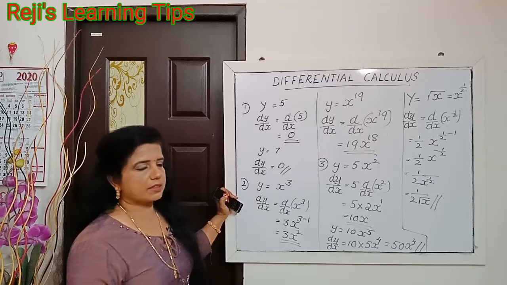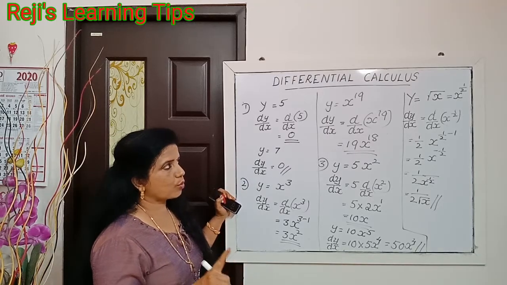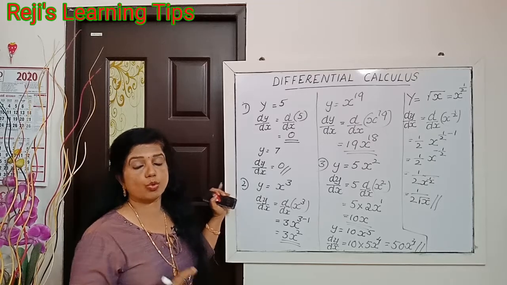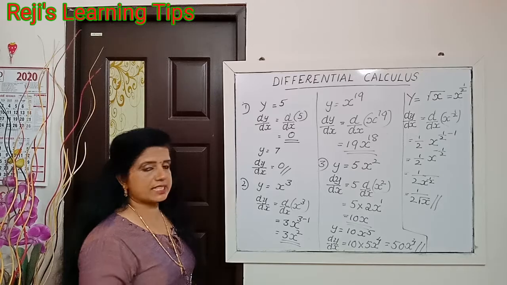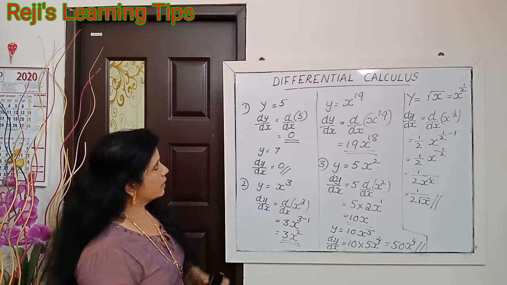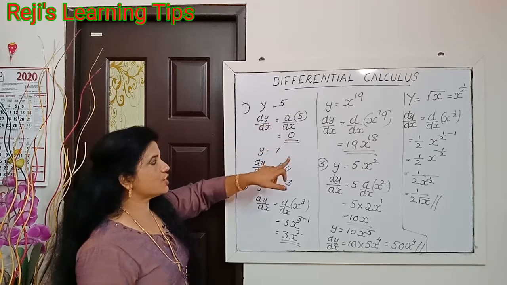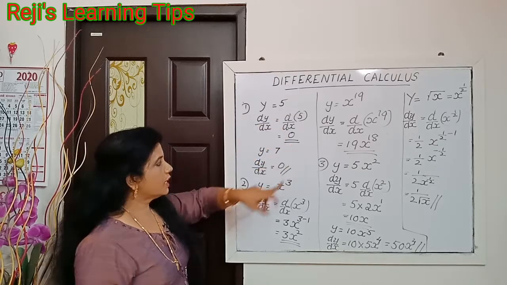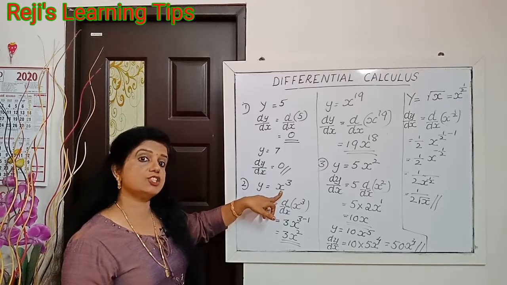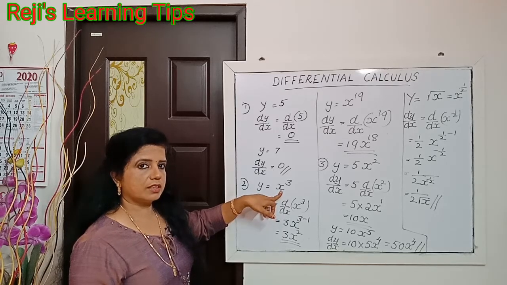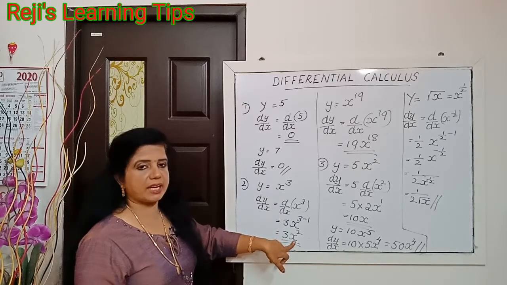So you should remember that if y is equal to root x, then the derivative of root x is equal to 1 by 2 root x. The derivative of a constant is equal to 0. The derivative of x cube is in the form of x raised to n, then n into x raised to n minus 1.